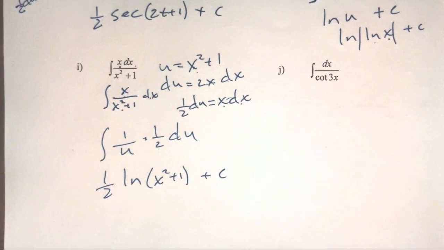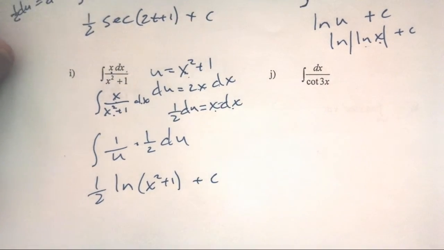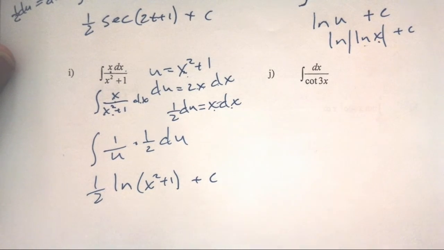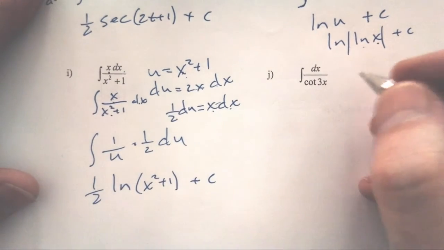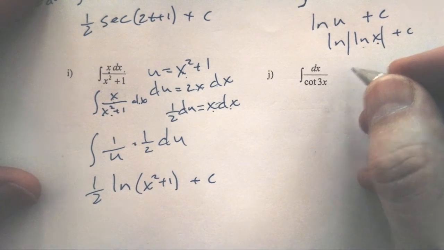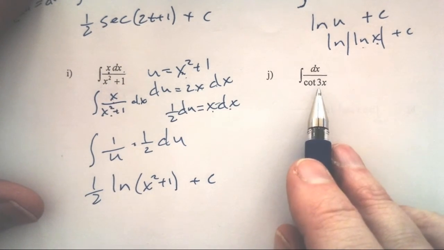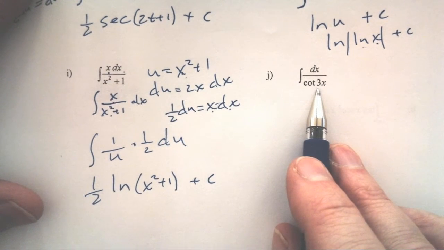Okay, and the integral of cotangent 3x. We may be looking at a double, triple angle identity rule here. Let's take a look and see if we have some avenue out of this. I may leave this for you guys because I'm running really short on time, but if I let u be 3x, I get cotangent u.